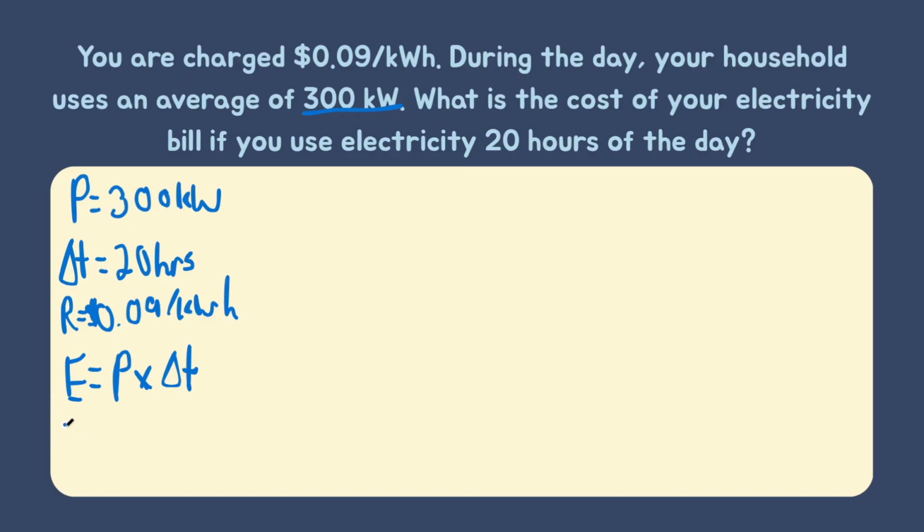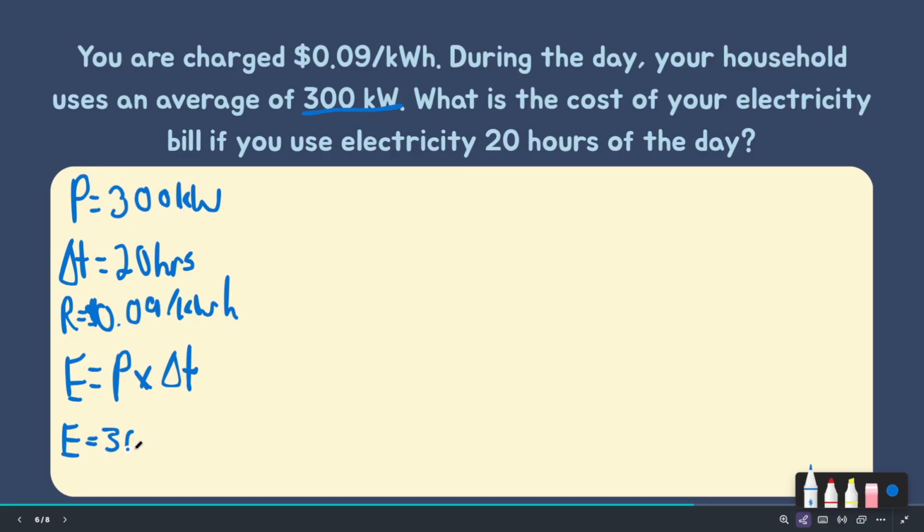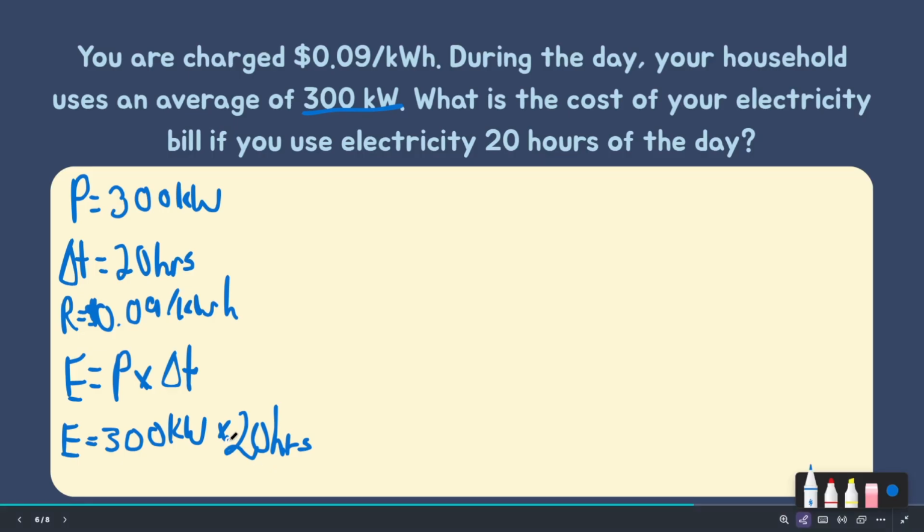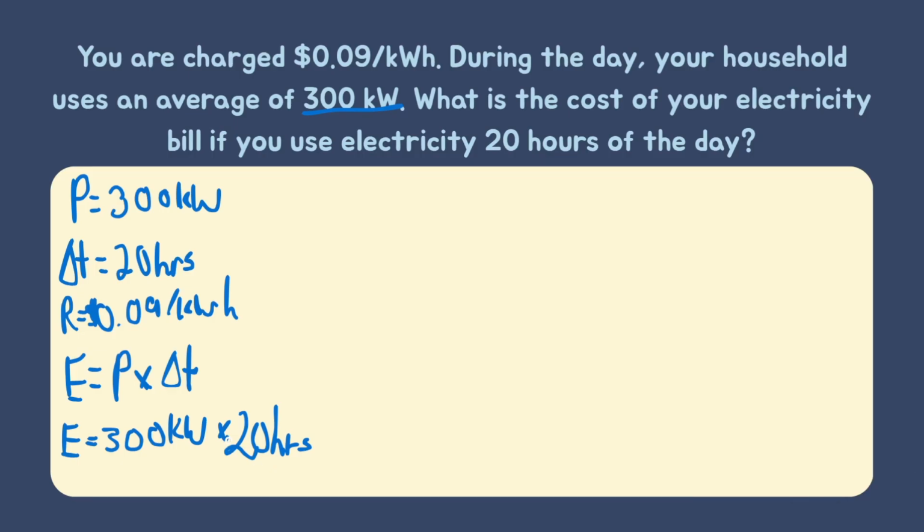And we have energy equals 300 kilowatts times 20 hours, which is equal to 6,000 kilowatt hours.